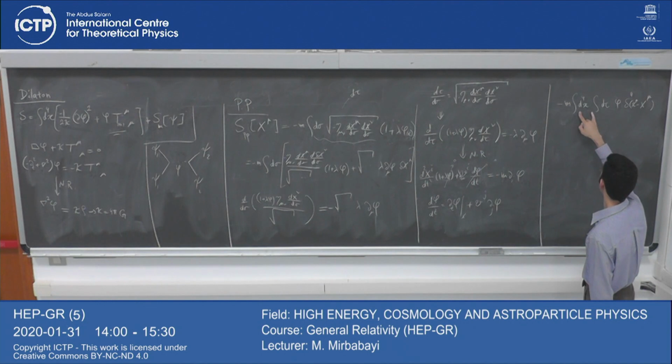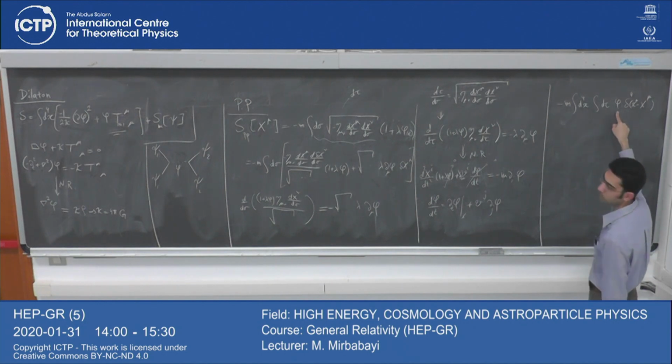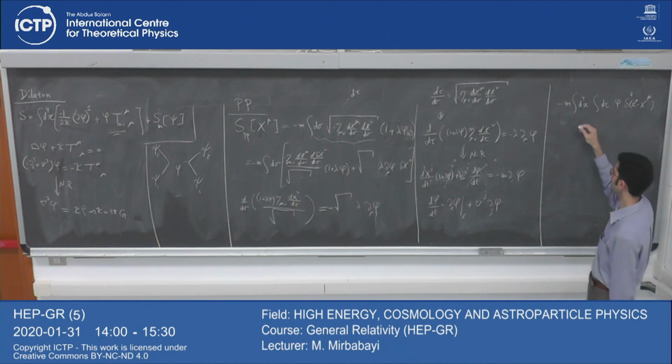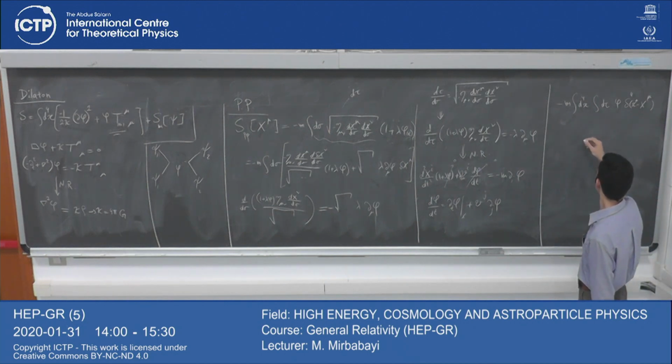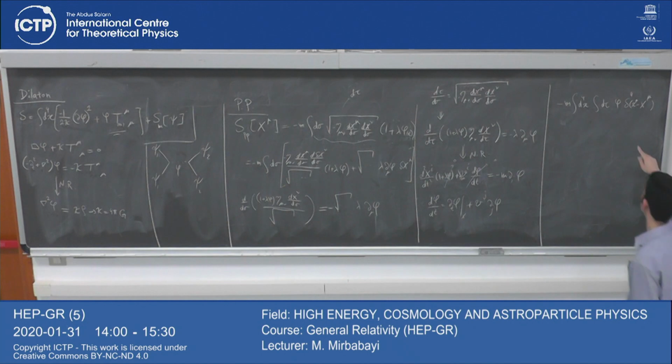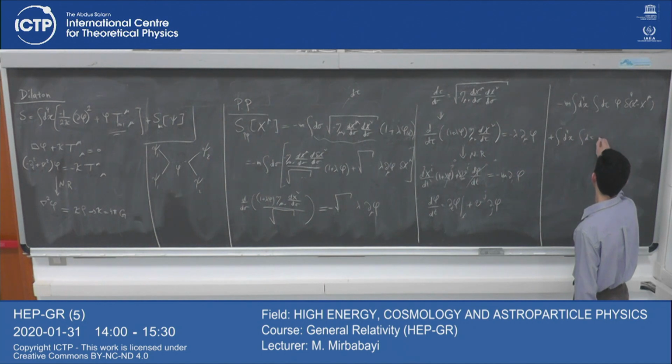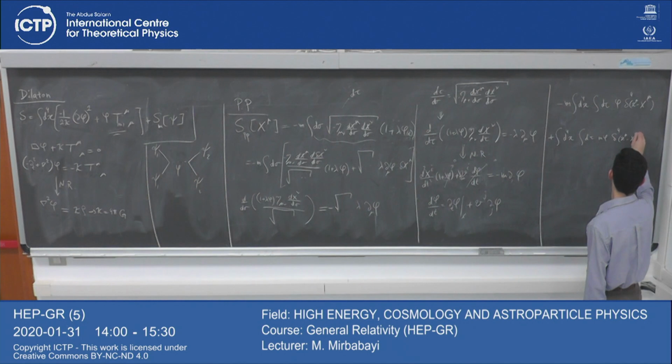So now if we vary with respect to phi, what do we obtain in the equation of motion? Or let us do it in a different way. Let me not vary with this; let's just work it out here. So we have plus d4x, and then there is this integral d tau m phi delta 4 of x minus X mu.